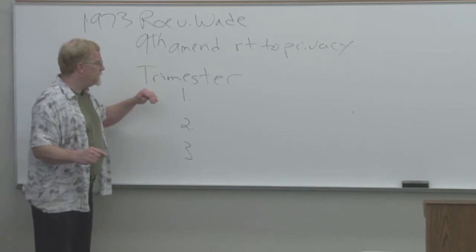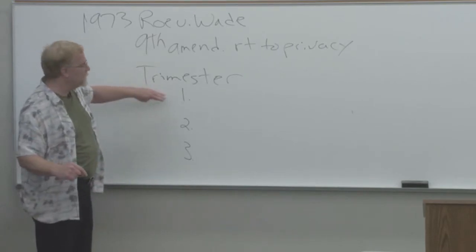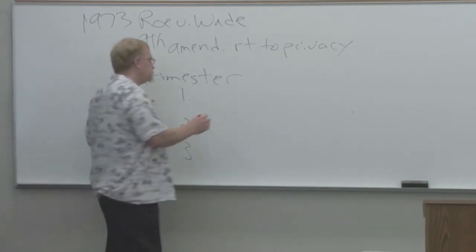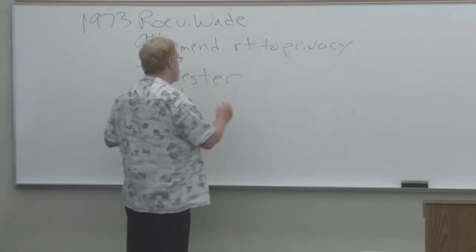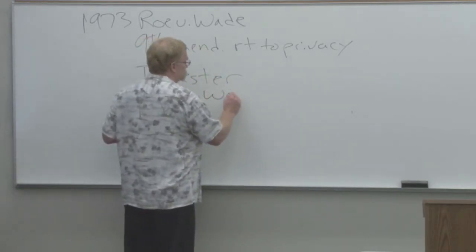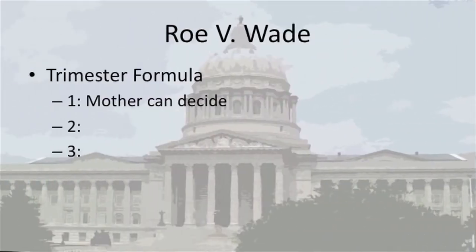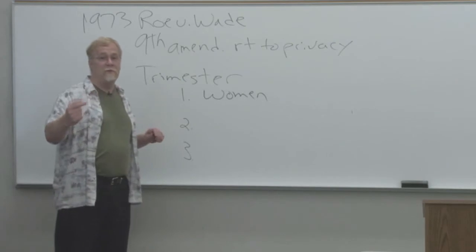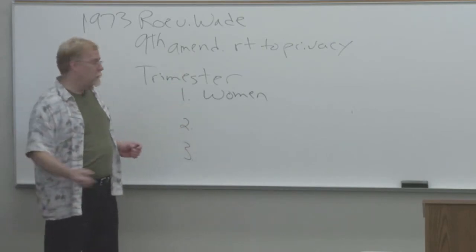So Roe versus Wade establishes the trimester formula. First trimester, first 3 months, roughly, the woman or the mother is the person who decides to or not to have an abortion on her own.